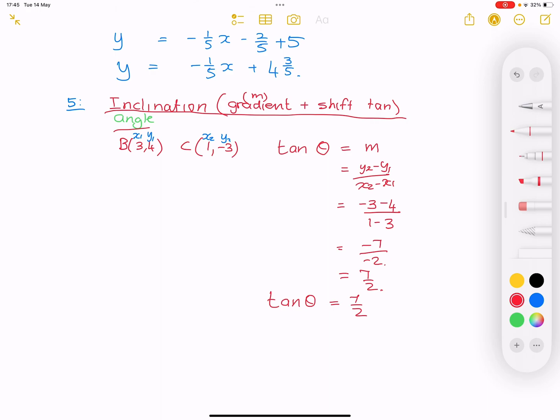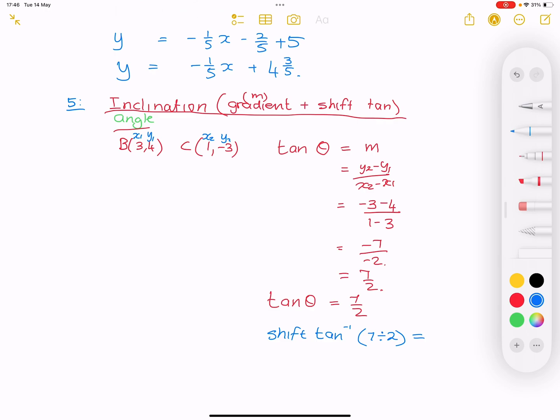Yes, ma'am. Now you use your shift function. You say shift tan, then 7 divided by 2, close the bracket, equals. So shift tan, 7 divided by 2, close the bracket, equals.